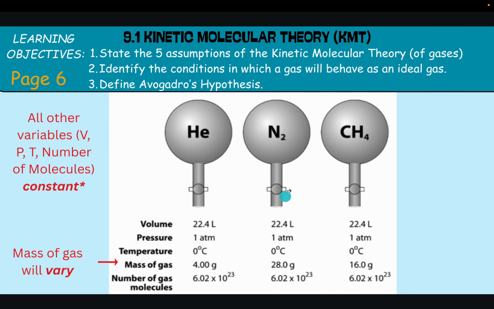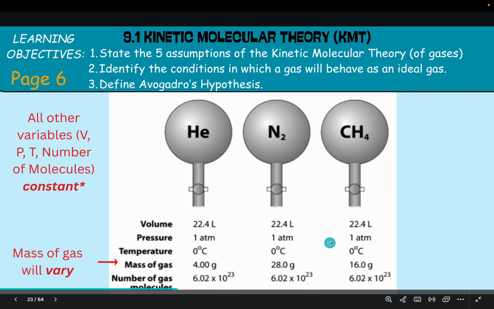Okay, so this is just that other picture blown up again. This is showing a sample of helium gas, nitrogen gas, and methane gas. They're all at a volume of 22.4 liters, a pressure of 1 atmosphere, and a temperature of 0 degrees Celsius.